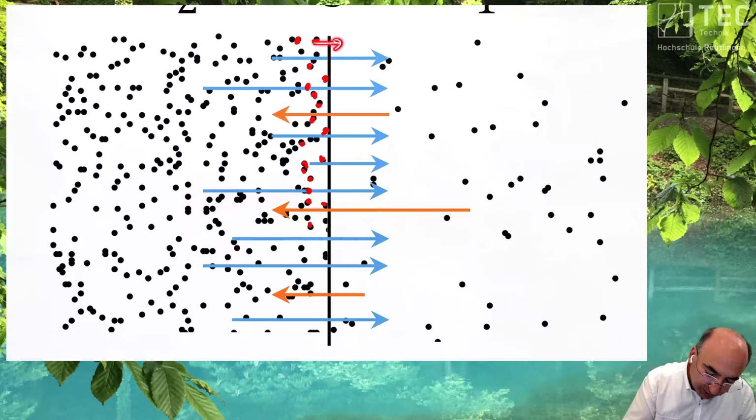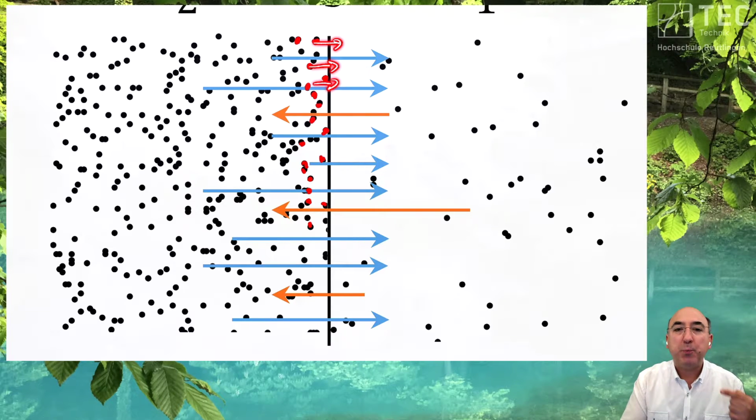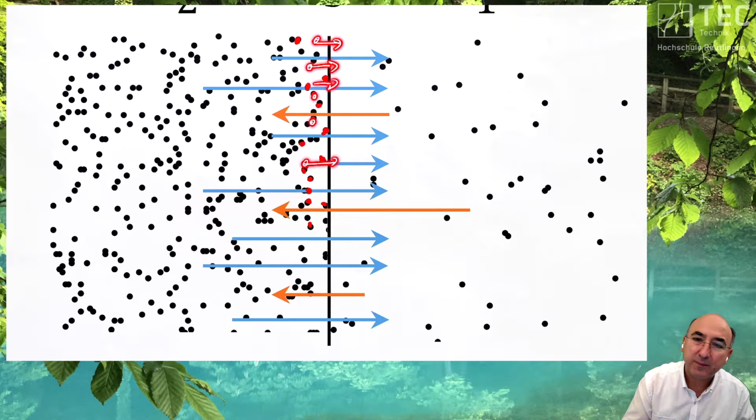The movement in this direction is more probable because there are more particles compared to the number of particles at the other side.